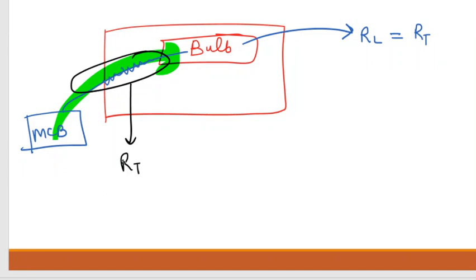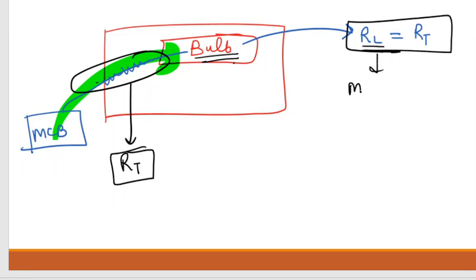So what the theorem is saying is that if the Thevenin resistance of the wire is equal to the load resistance of the bulb, then only in this condition will maximum power transfer. Got it?